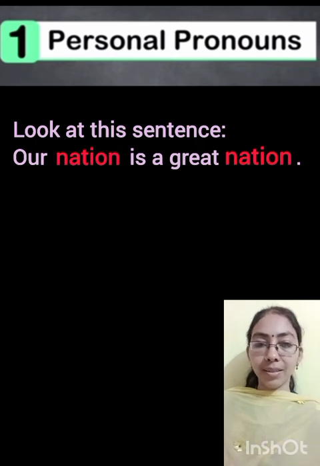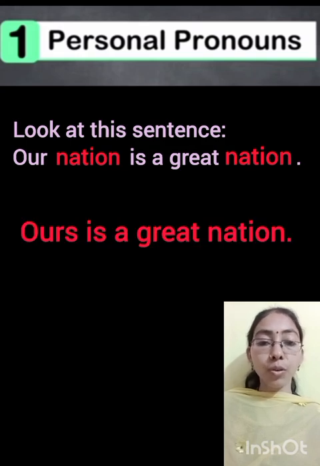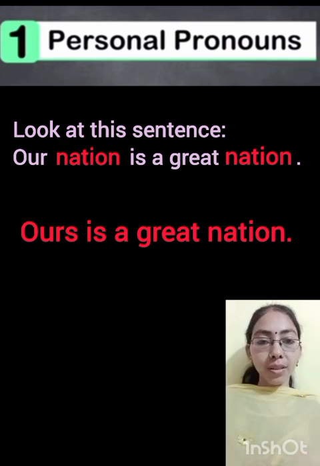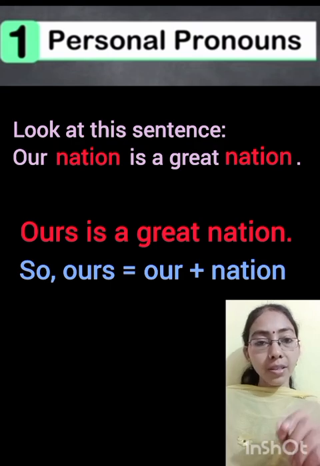Look at this sentence. Our nation is a great nation. Now, nation is a noun that is repeated. So, we need to replace it with a pronoun. So, we will write ours is a great nation. Possessive pronouns like ours are used to replace the possessive adjective plus the noun.